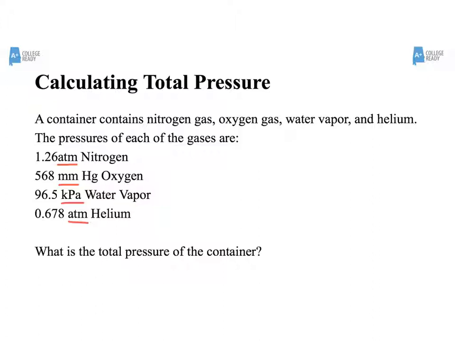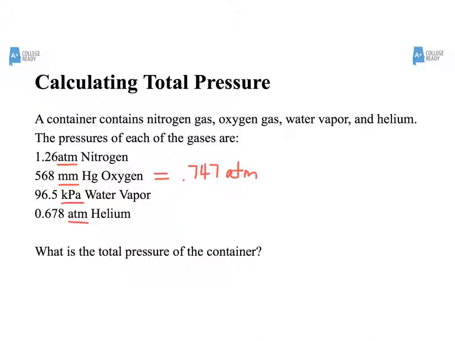So the 1.26 ATM of nitrogen, that one's fine because it's in ATMs. The millimeters mercury of oxygen, we need to convert that. So we're going to go ahead and mathematically convert that, knowing the relationship is 760 millimeters mercury is 1 ATM. And so when we calculate that, we get 0.747 ATM.